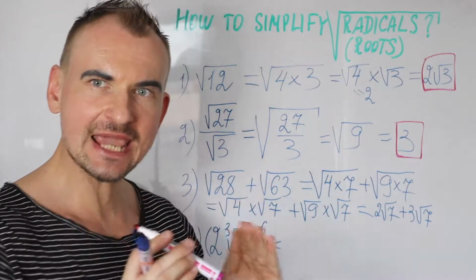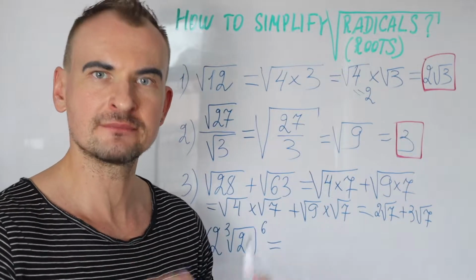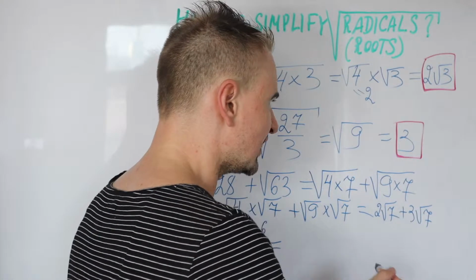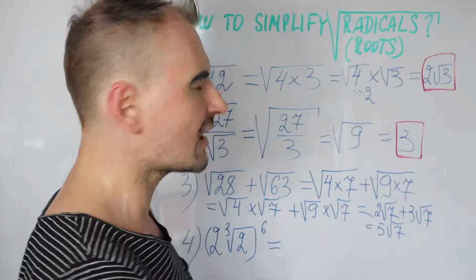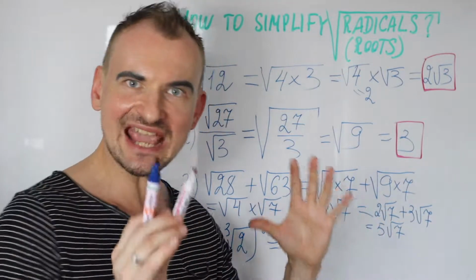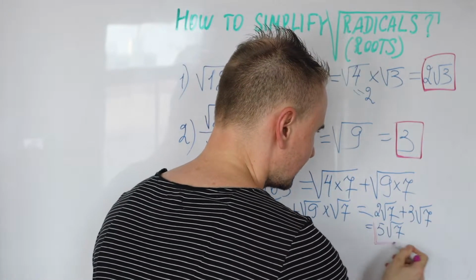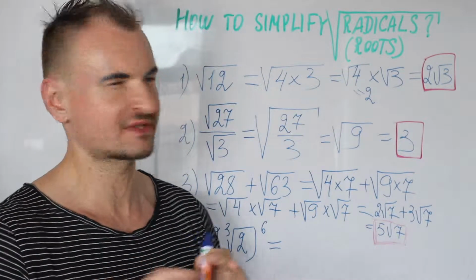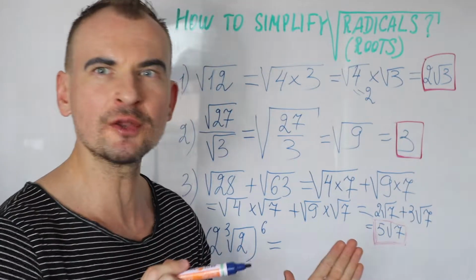Since you have the same number under the root, 7 and 7, we can combine them. They can be added to each other. So 2 and 3 gives you just 5 root of 7. Sometimes they are called like terms, because they have precisely the same number under the root, so they can be combined. Whereas unlike roots, if you have another number underneath the root, cannot be combined.